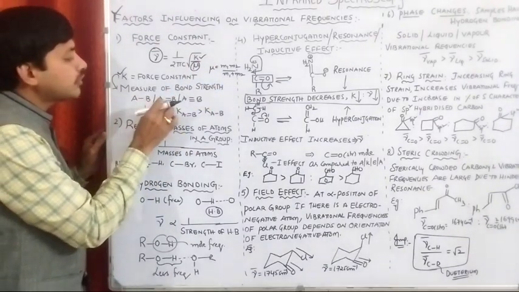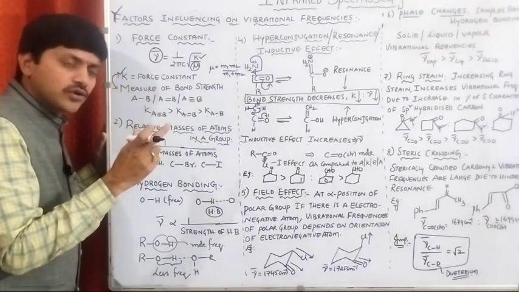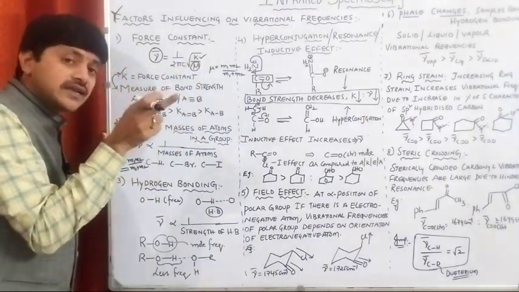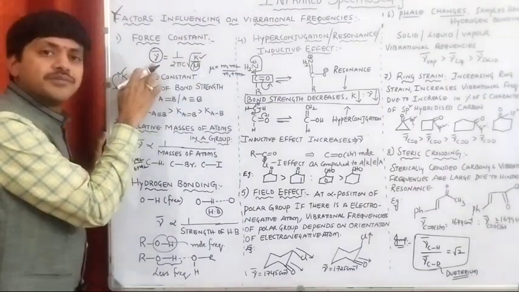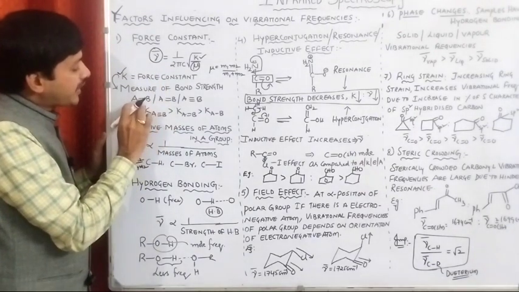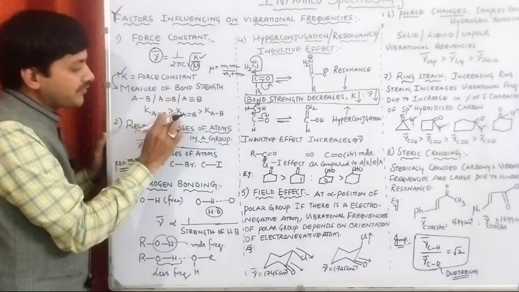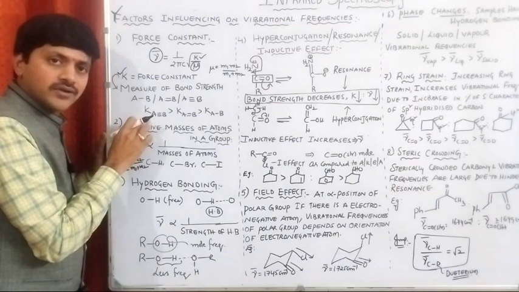If the number of bonds increases, the strength of the bond will increase or not? If the strength of the bond increases, force constant will increase. If the force constant increases, vibrational frequency will increase. That's why, comparing with the single bond, the double bond has more K value and the triple bond has even more K value.